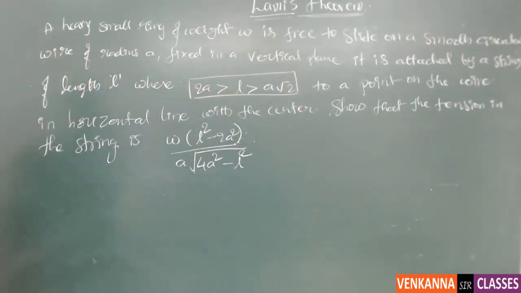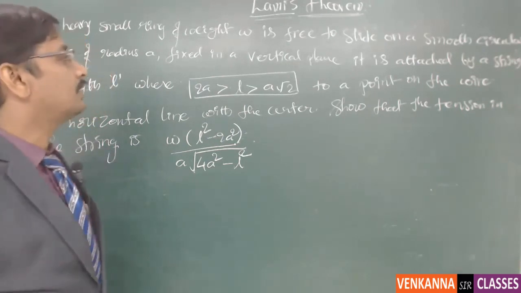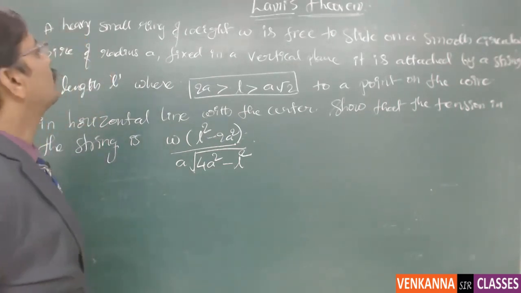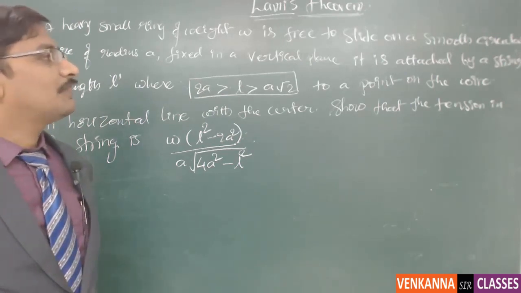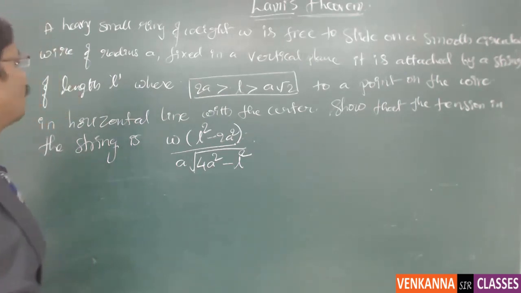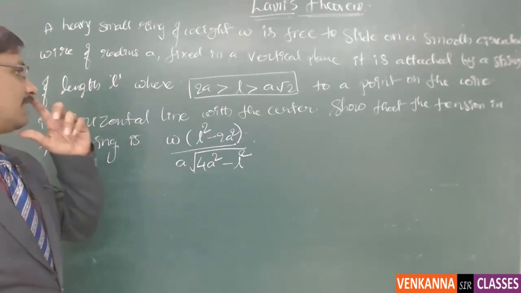Now see this. A heavy small ring of weight W. Day before yesterday I solved one problem related to this only. So a heavy small ring of weight W is free to slide on a smooth circular wire. So there is a smooth circular wire of radius A fixed in a vertical plane.